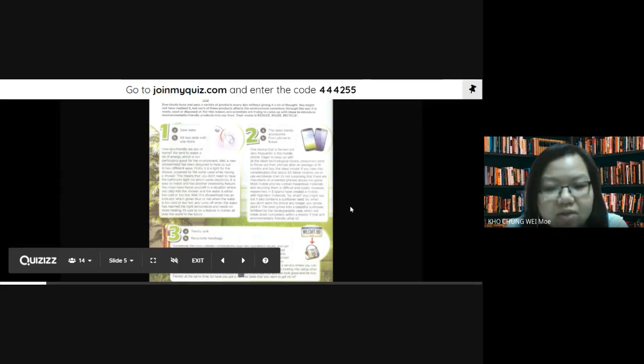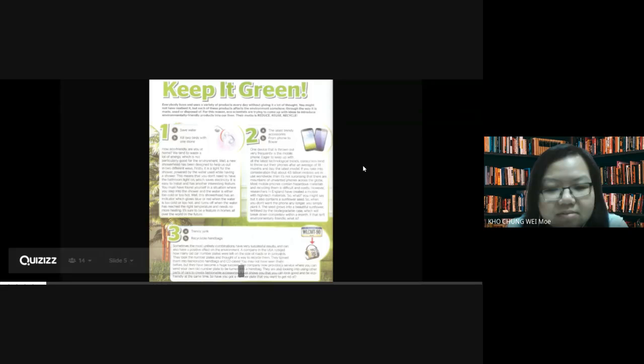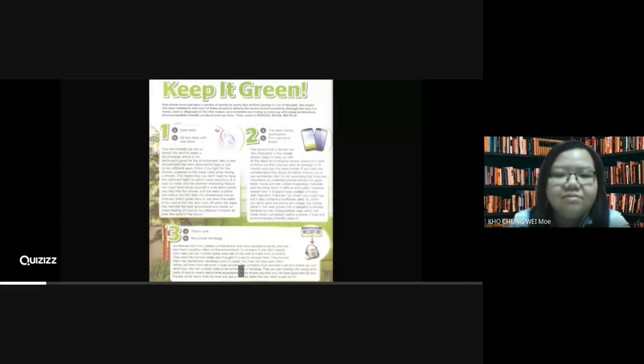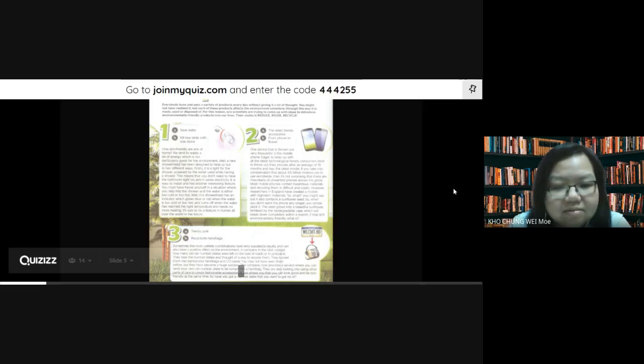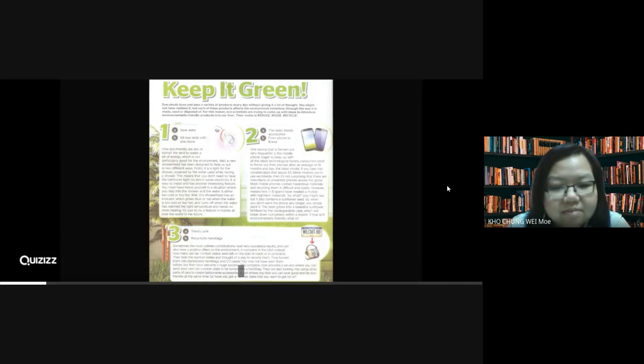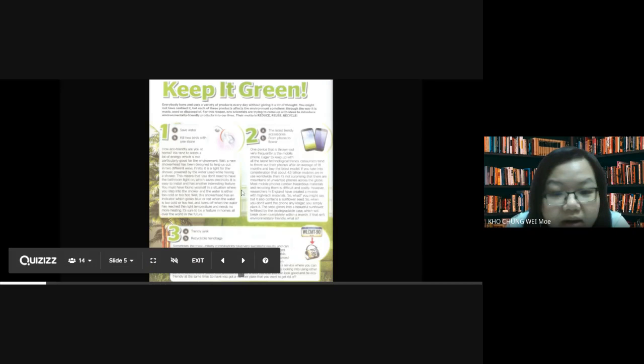So this is what you're going to read. So what do you see? Look at the title. The title is Keep It Green. Then look at the pictures. So what sort of pictures do you have? I'm not sure if you can see the picture clearly, but in number 1 here, you have the picture of water coming out from a shower head.